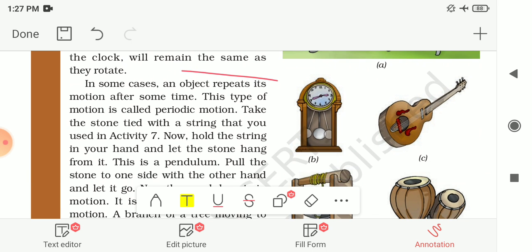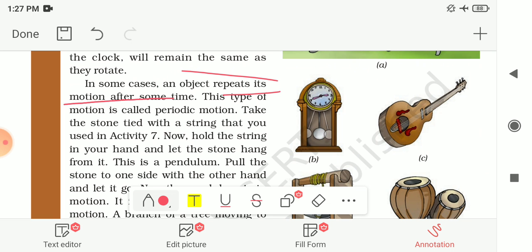Now the next step. In some cases, an object repeats its motion after some time. In some objects, some part of the object rotates, or changes its motion, or repeats its motion after some time. This kind of motion is known as periodic motion. Take a stone tied with a string, which we used in the previous activity number 7. Hold this string in your hand and let the stone hang from it, and this becomes a pendulum.